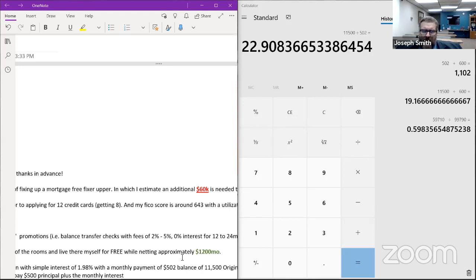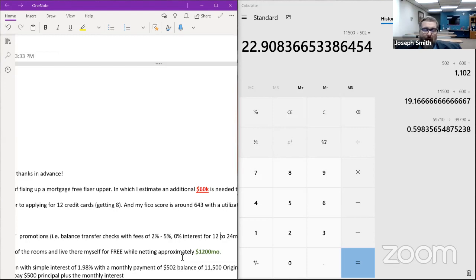But the way they're describing it is that they're going to live rent free and still have $1,200 in cash flow because they're going to rent out some of the rooms in this place. So I would see that as $1,200 more dollars.